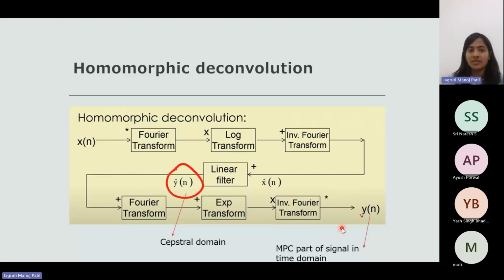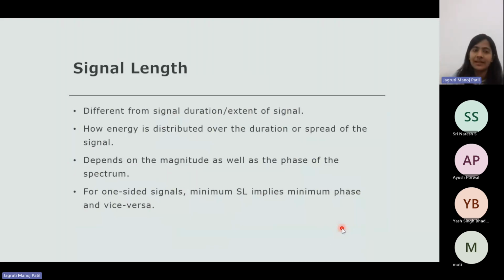Next question that comes into play is how do you find the signal length? Here the signal length is different from the signal duration or the extent of the signal. You might think that if a signal extends from 0 to 2 pi, the signal length is 2 pi, but that's just the period of the signal. It's not actually the signal length. It's how the energy is distributed over the duration or the spread of the signal.